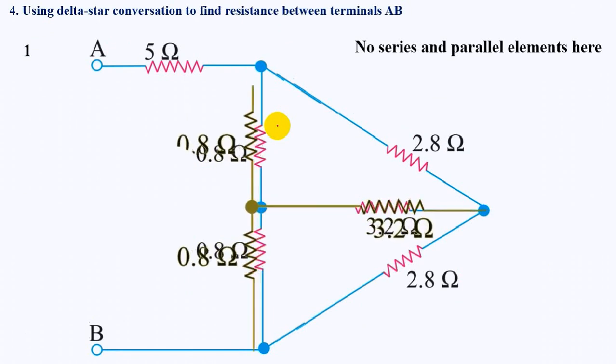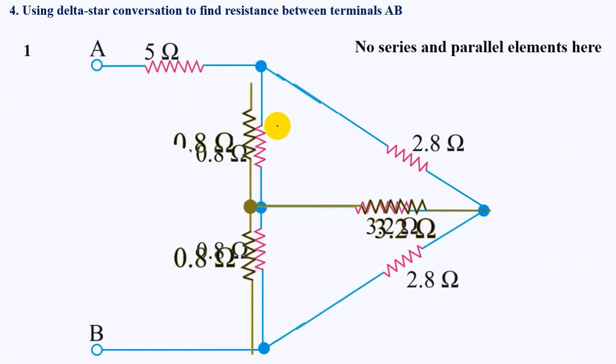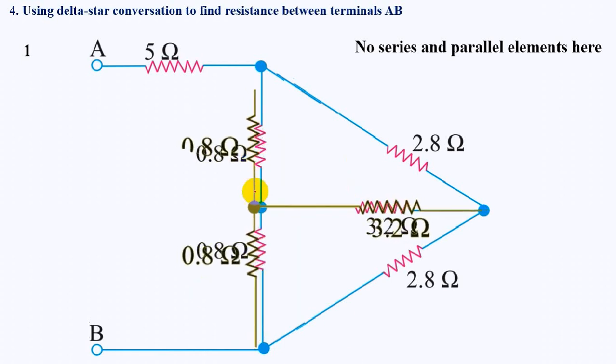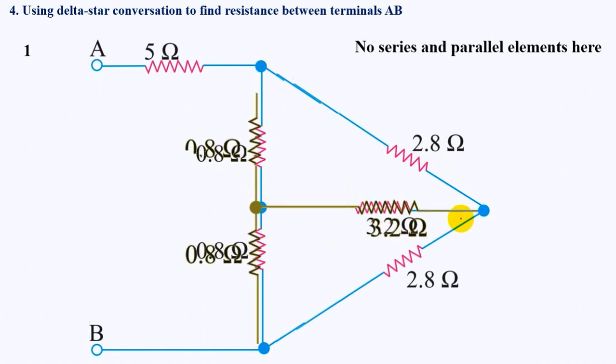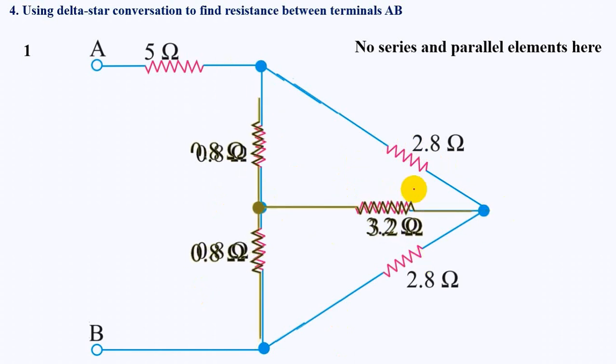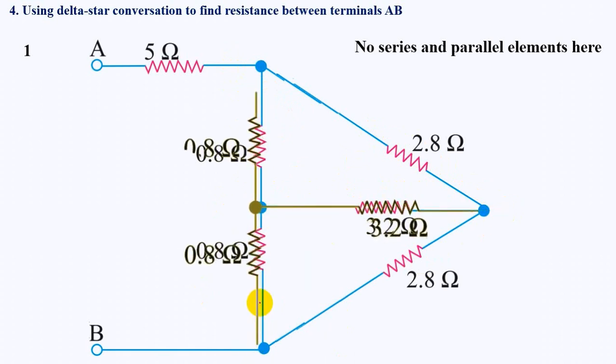So we have applied here both delta to star and star to delta. It all depends on you, which method you use, right? Instead of these three, you can also select these three which are in star, or you can select these three which are in delta to solve. So this comes only by practice, right?